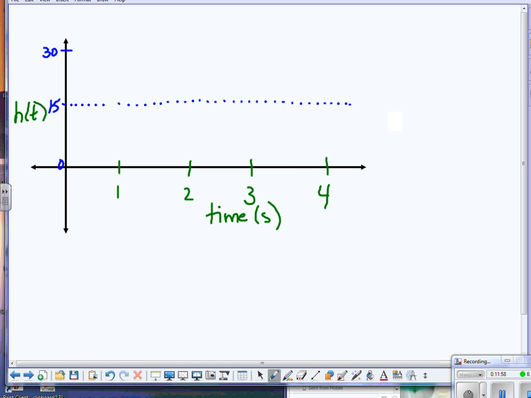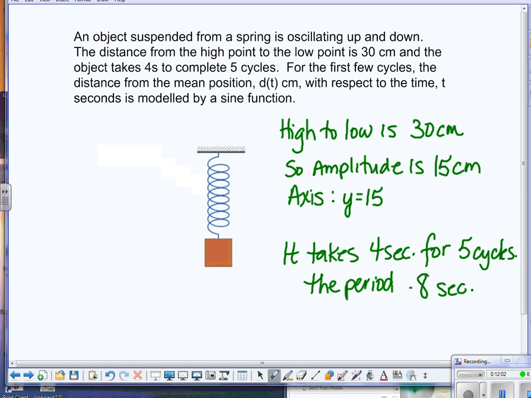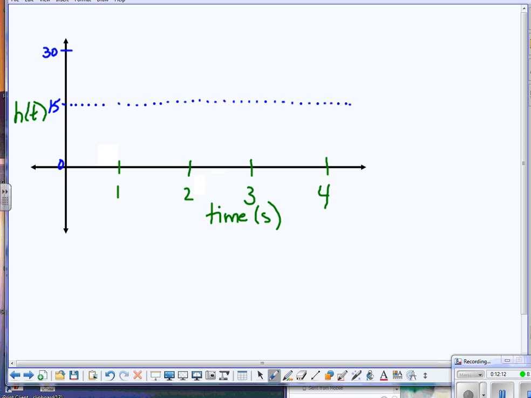It said it could be modeled by a sine function. So I'm going to draw it just like the parent sine wave, which starts as we head upwards. So I'm going to start at 15, and I want to do a cycle in 4/5 of a second. So here it goes.